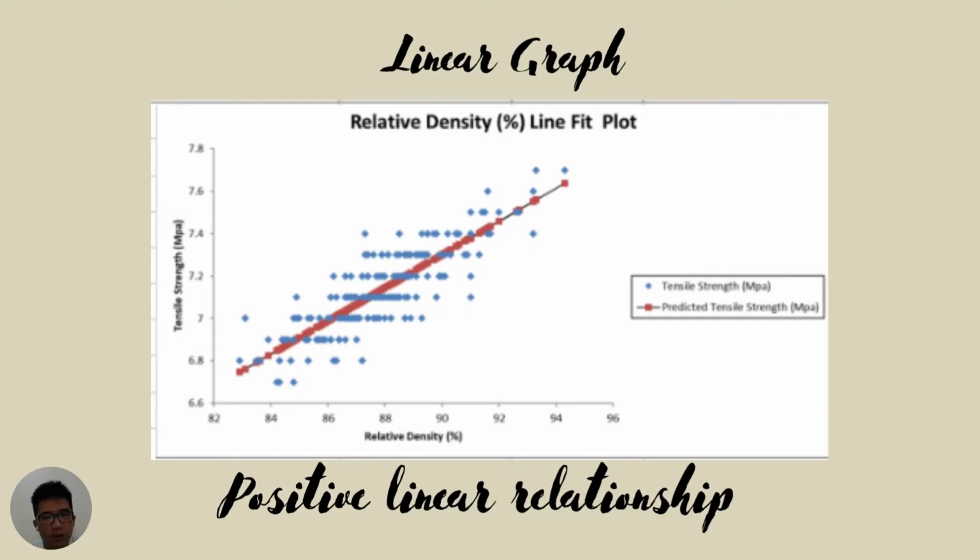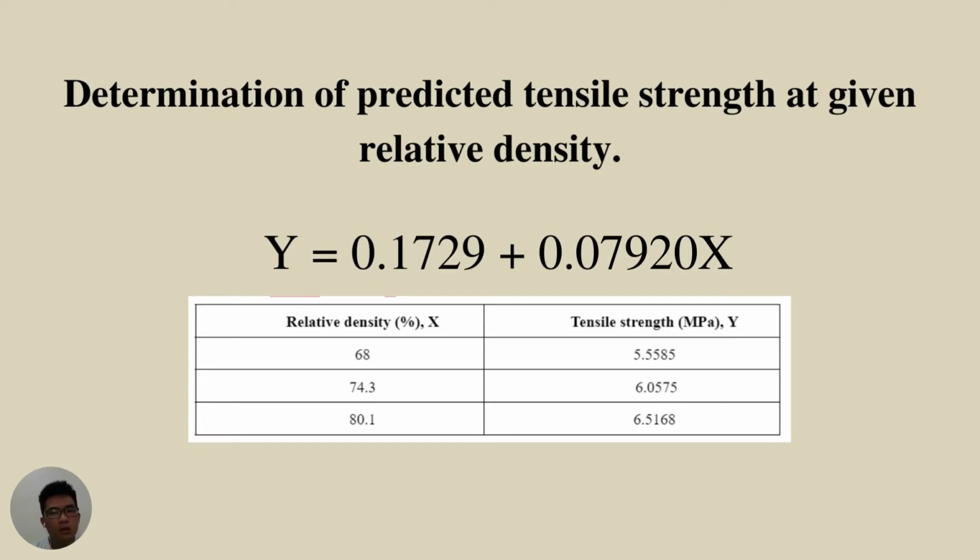From the data, we get the linear graph. This is a positive linear relationship. Then we determine the predicted tensile strength at the given relative density. We substitute the values into the equation we just got from the linear regression.